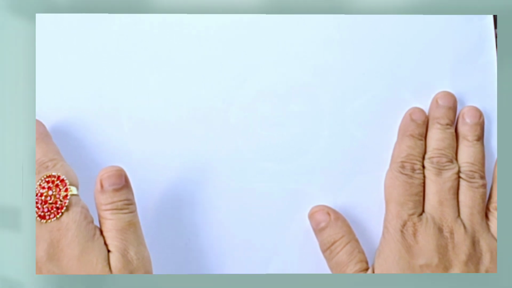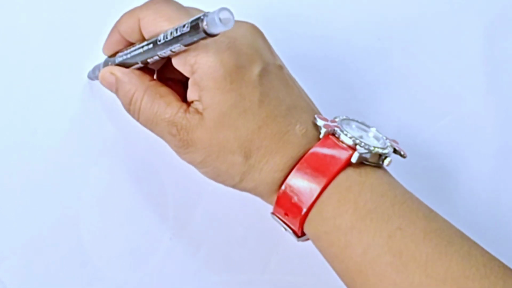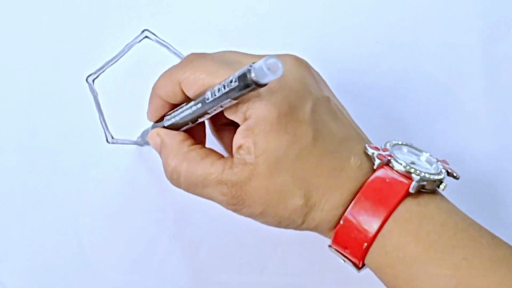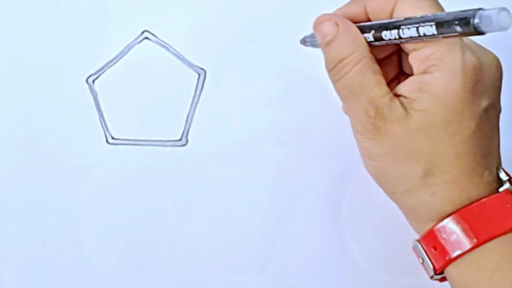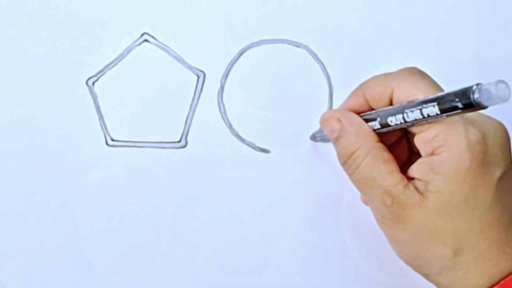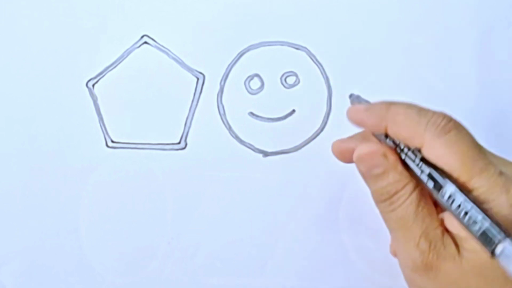Let's learn some 2D shapes. It is black color. It is pentagon. It is smiley.